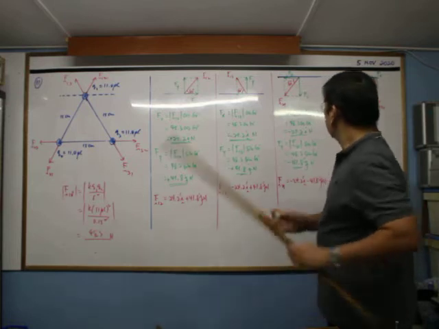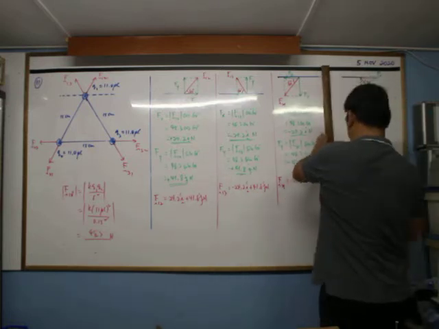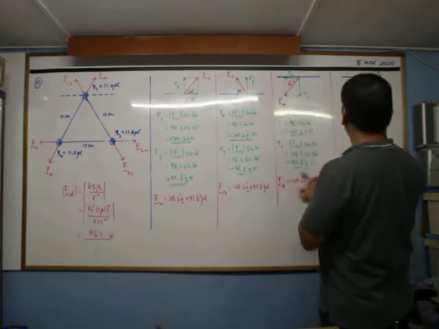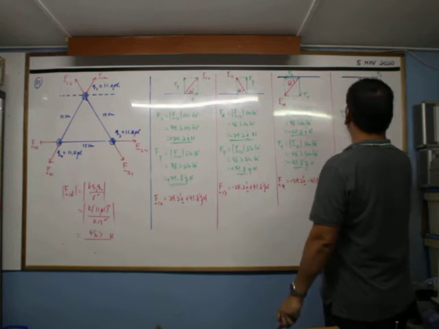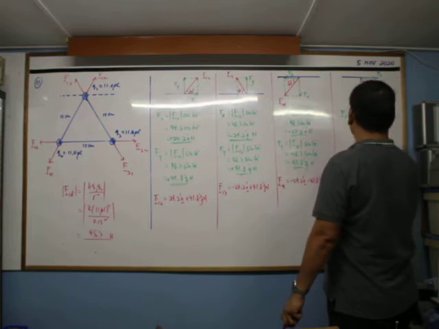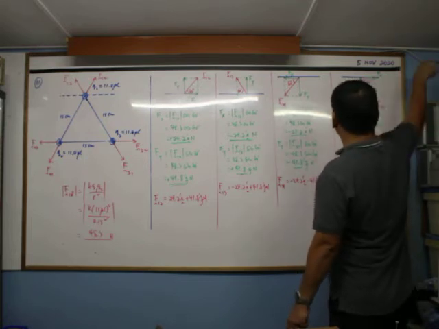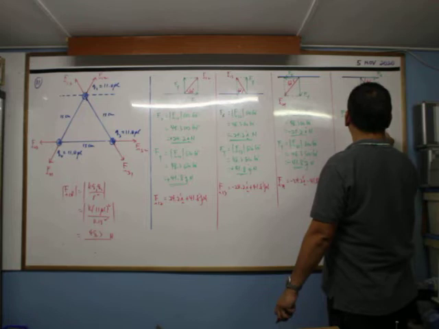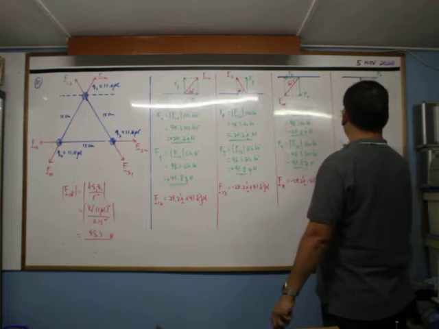Okay, and the last one will be F31. The Fx is the magnitude of 31 cosine 60, 48.3 cosine 60, 24.2 I positive Newton, and your Fy is this.